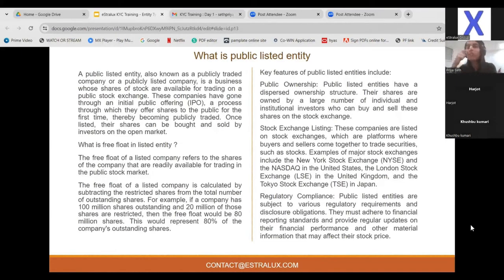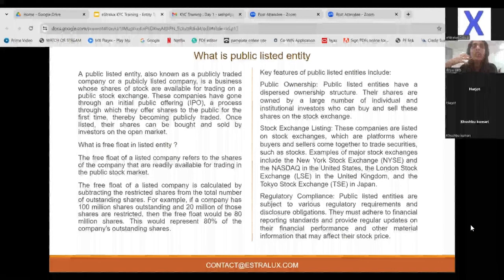In very simple words, a public listed entity has its shares traded publicly. In a private company, say I came along and Khushbu came along and we formed a company, it is not public.